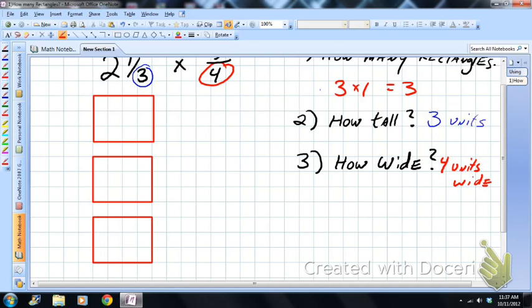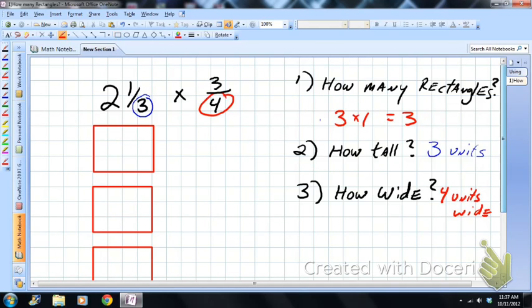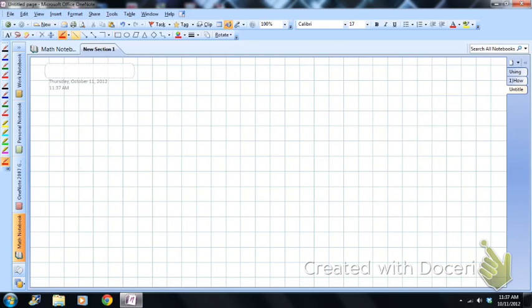So let's look at another example. Let's suppose I wanted to construct rectangles for 1 3/4 times 2 1/2.